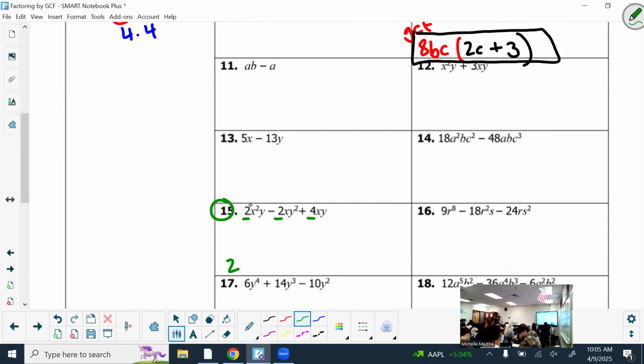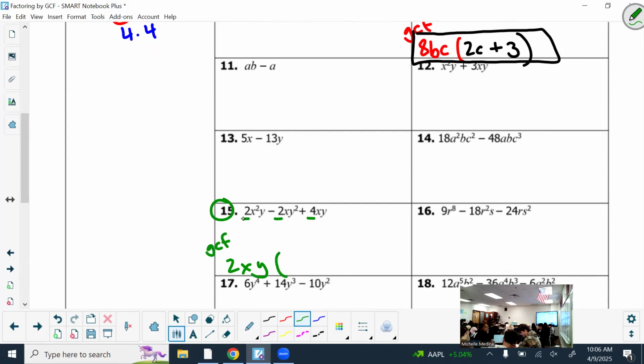Does each term have an x? What's the smallest exponent on the x? So I can only factor out an x to the first power. Do they each have a y? Yes. What's the smallest exponent on the y? So this will be my GCF.